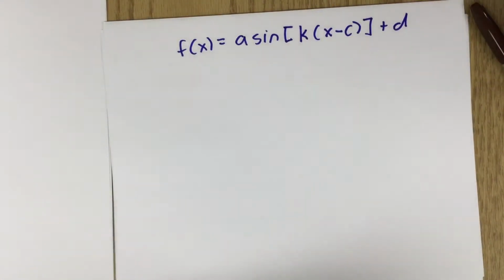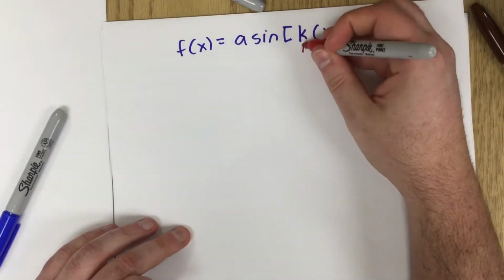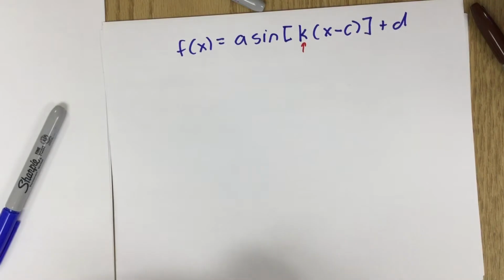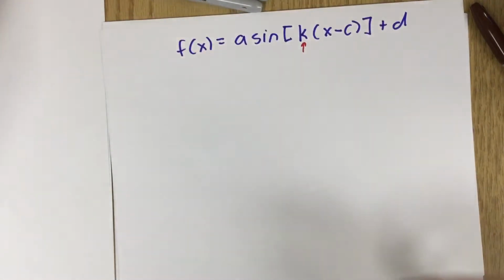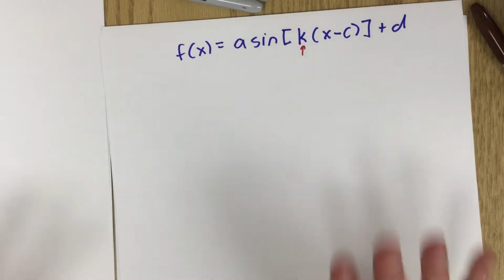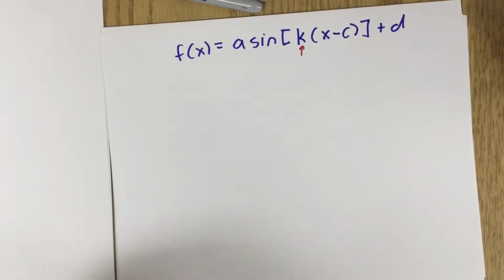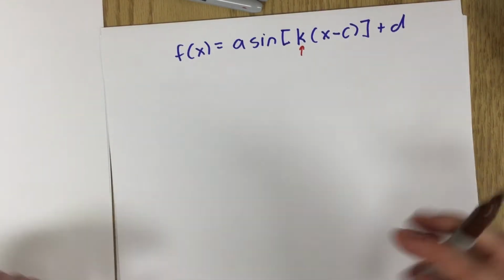The one we haven't talked about is the k value, and we're going to talk about how we could figure out what that k value is. But first, we're going to go back and quickly talk about the regular graph and the period.